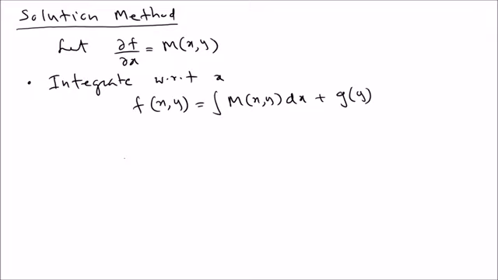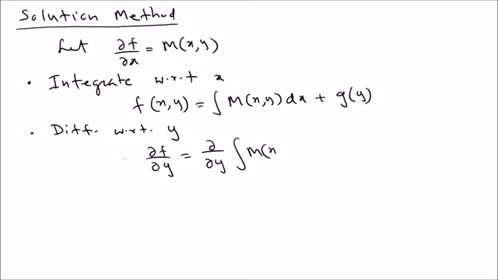Now we're going to combine the two. We differentiate this one with respect to the y variable. If you do that, you get the partial of f with respect to y. It's a function of x and y, and for the term g(y), it just becomes a regular derivative because it's a function of y only.